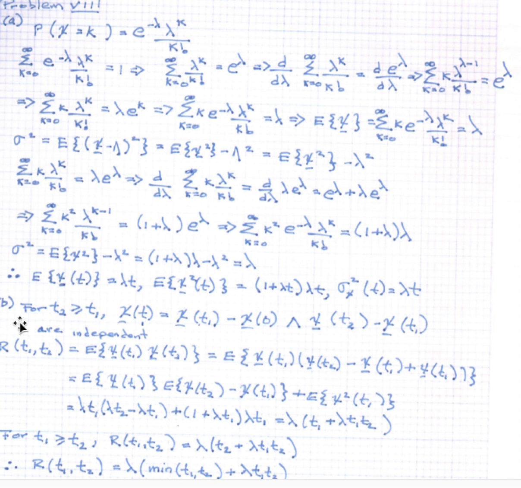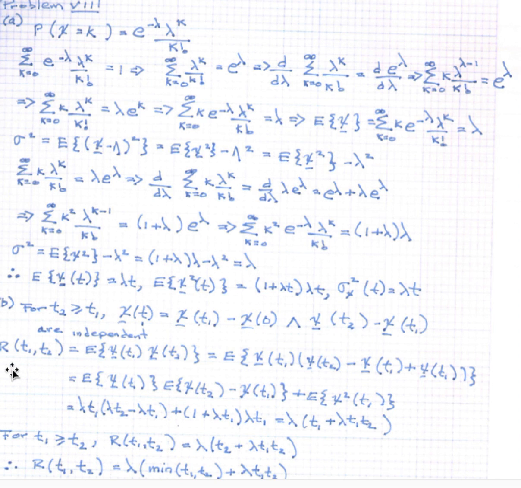Okay, part B, and this is for the situation where we're using multiple points, where we have t2 greater than t1. The random variable X of t is equal to the random variable X of t1 minus X at 0, or the random variable X of t2 minus X of t1.